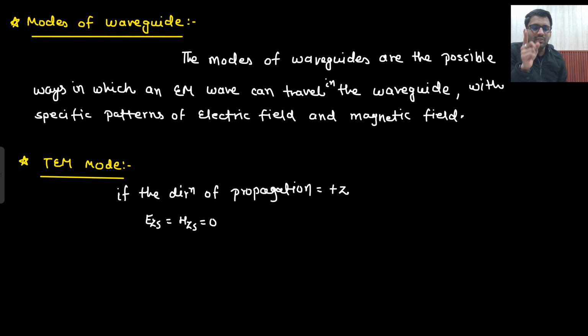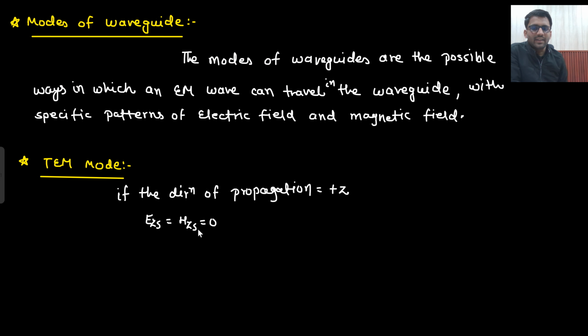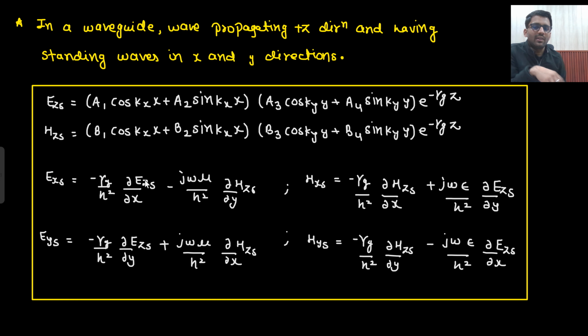Now using these equations, if I put EZS and HZS equal to 0, then what will happen? This is 0, this is 0, EXS goes to 0. This is 0, EYS goes to 0. This is 0, HXS goes to 0. This is 0, HYS also goes to 0.